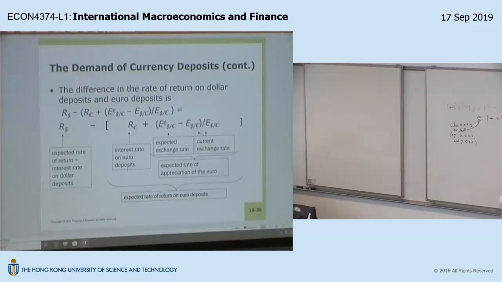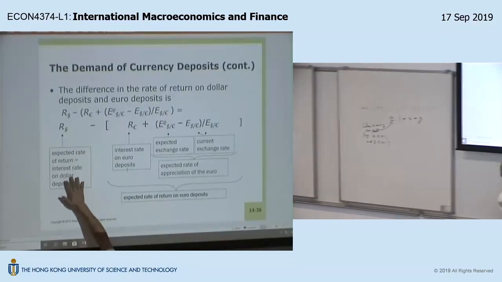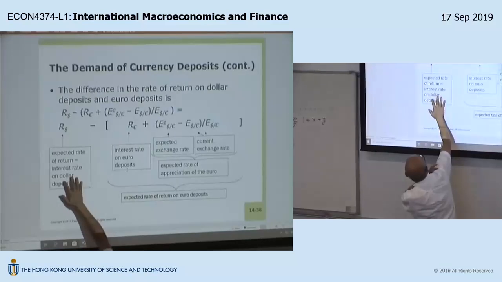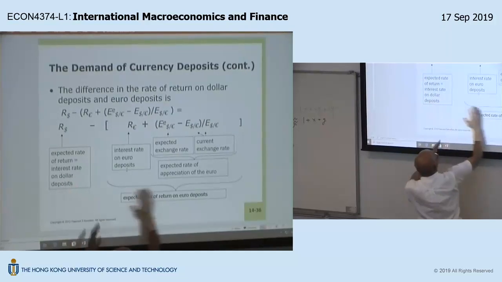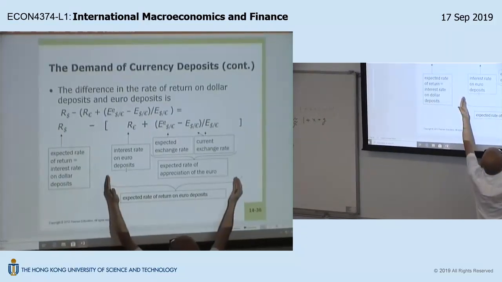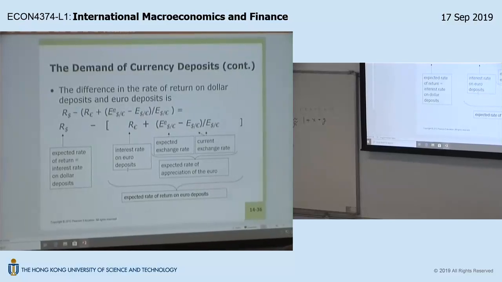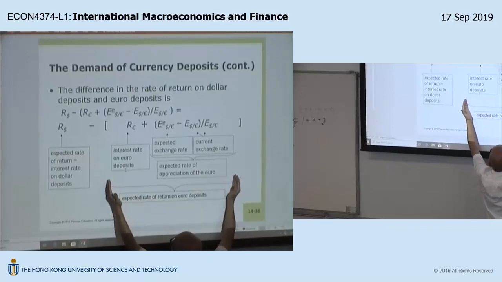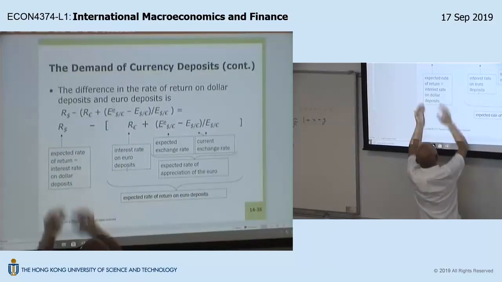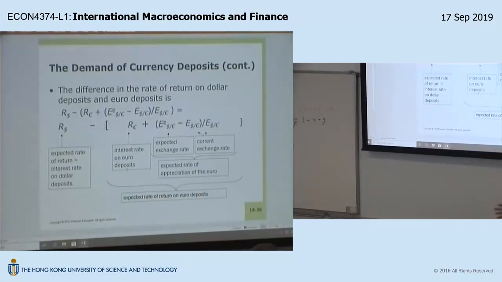This is the expected dollar rate of return on euro deposit, and this is the expected dollar rate of return on dollar deposit, and the difference is given by this equation.